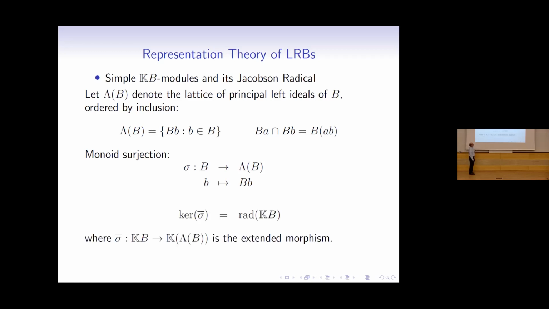Now, what's wonderful here is if K is a field, I can extend this homomorphism in the obvious way to the algebra of the monoid. So just like there's a group algebra, there's a monoid algebra, formal linear combinations of elements of B. And we can map KB to K lambda B; this extends from the algebra of B to the algebra of lambda B. And it turns out that the kernel of this morphism is exactly the Jacobson radical.